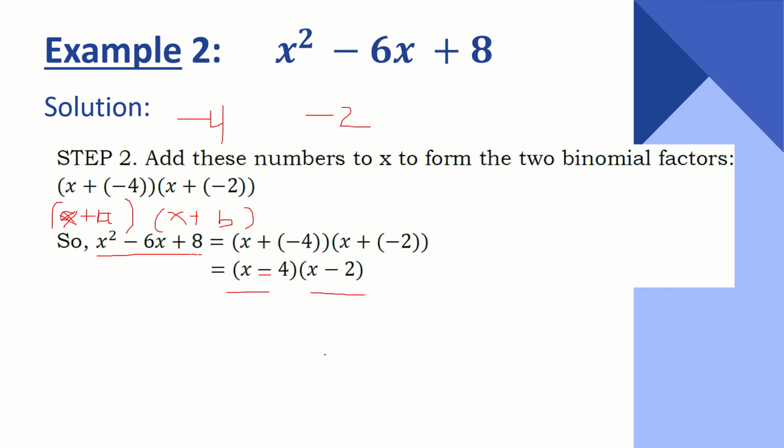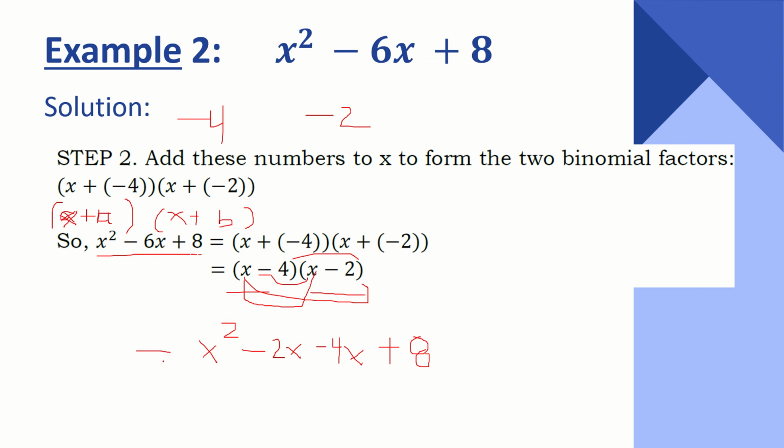So let's check if tama ba itong factor using FOIL method. So we have here the first term, x squared. The outer term, we have x times negative 2 is equal to negative 2x. Our inner term, we have negative 4x. And our last term, negative 2 times negative 4 is equal to positive 8.